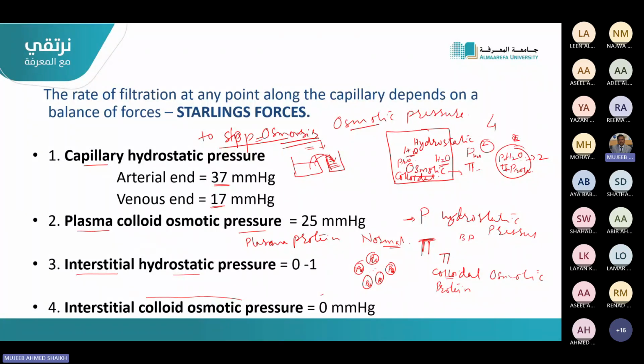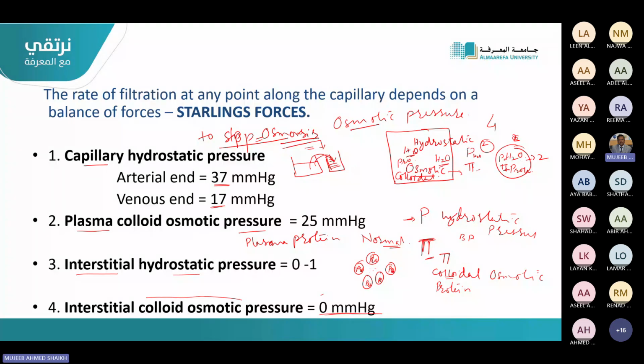And we say protein will produce colloidal osmotic pressure. So is there any colloidal osmotic pressure in the interstitium? If there is no protein, will there be a colloidal osmotic pressure in the interstitium? No. So that's why it is written in the fourth point, interstitial colloidal osmotic pressure is 0 millimeter of mercury.